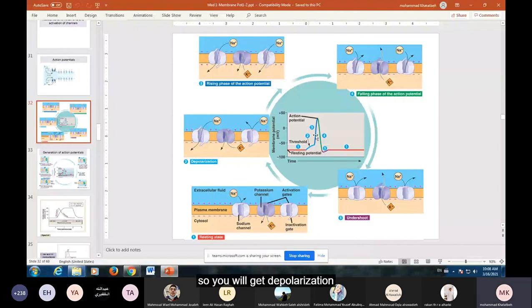So you will get depolarization down, then the action potential, then that wave, which is positive after the potential. And because of that, some have called it the positive after potential. And they are recording that wave in that positive direction, more positive in this way, outside with regard to inside.